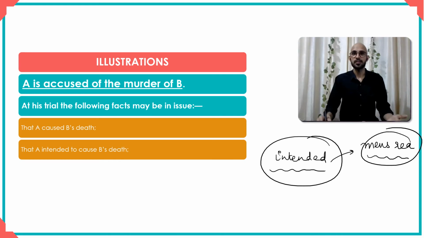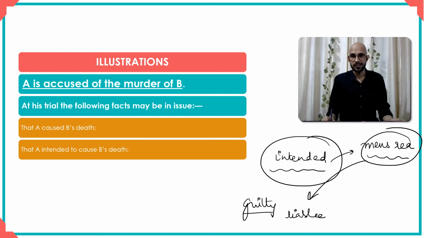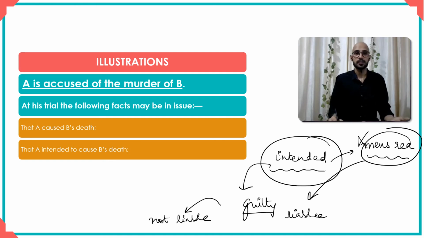If there is mens rea, then you are guilty. If you are guilty, then you are liable. If you do not have mens rea, then you are not guilty, and in that case you are not liable. So again, this determines the extent, the existence or the non-existence of his liability.